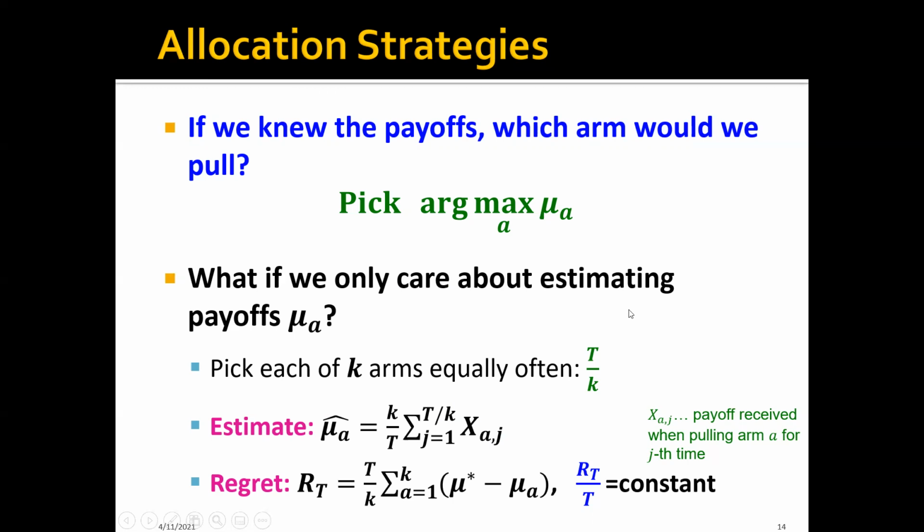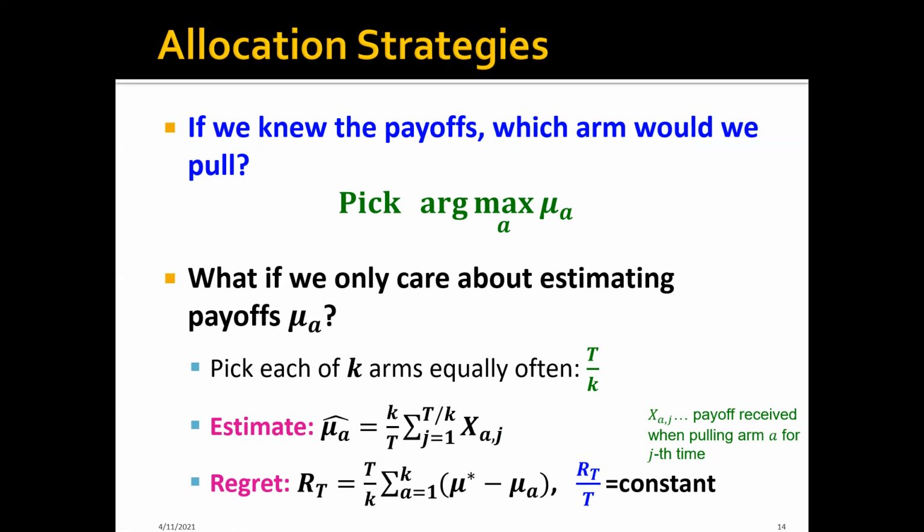And on the other hand, let's say that we only care about estimating the payoffs, mu a, and we do not really care too much about maximizing the total reward or minimizing the total regret. So what should we do? The best strategy for this is that we will pick each of the k arms equally often.